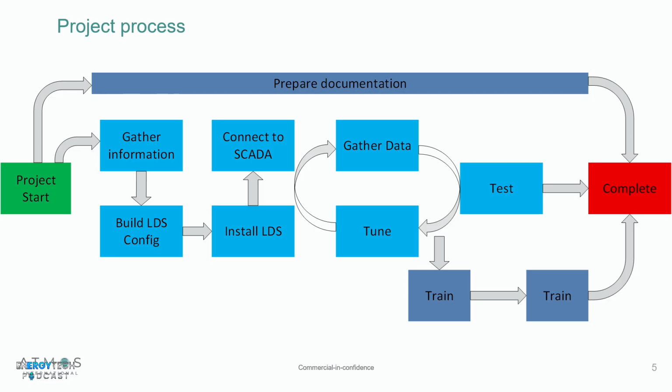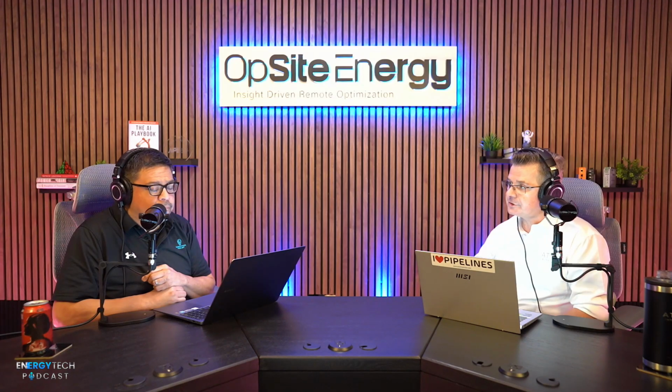Is it just a list of tags that I dump over to you? Yeah, one of the key parts is obviously the tag information and the SCADA information to make the connection, but we also are going to want to know lengths of the pipeline, diameter, the fluid. This may be something we know pre-project, so it can be very fast. But generally, it's just the layout of the pipeline, plus all the connection details.